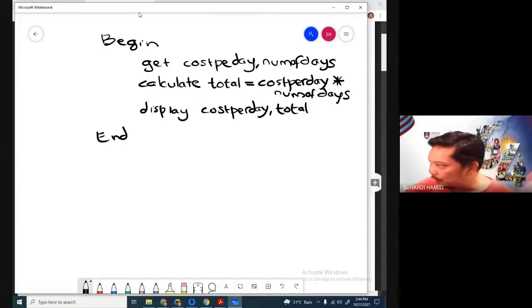Alright. By the way, Aiman, you don't have to divide by 7 because the question only asks to calculate the cost per week. Cost per week is just... Hold on. What did I write yesterday?